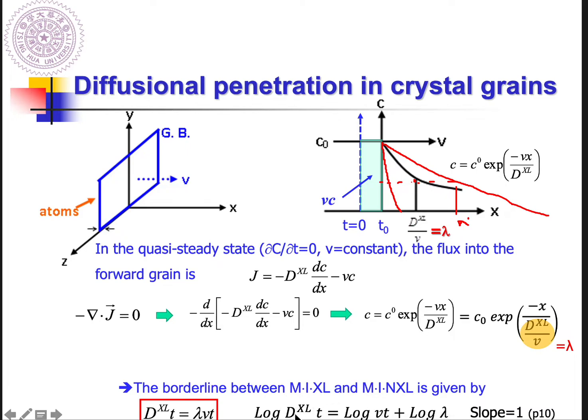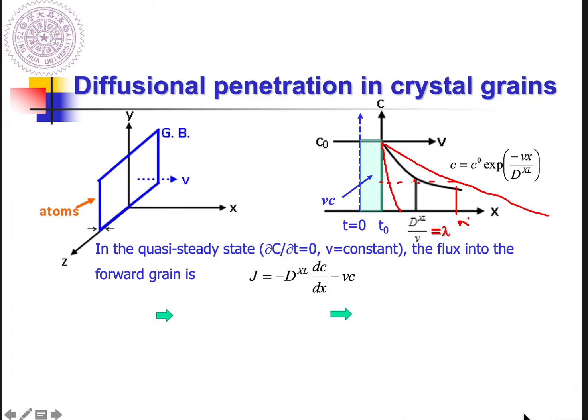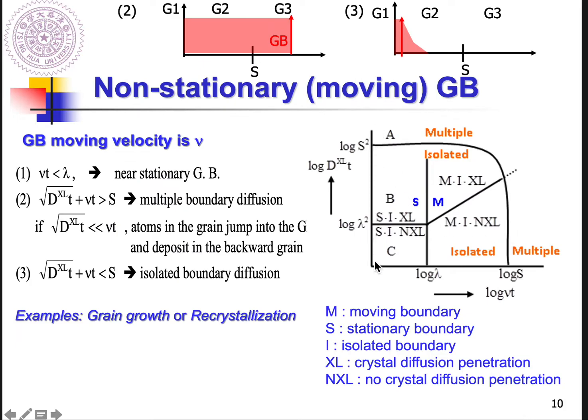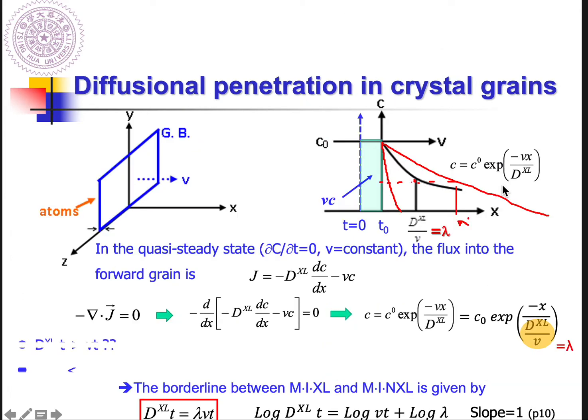If you consider this as the vertical axis and this as the horizontal axis, then the slope becomes 1. This is log of the diffusion distance, this is log Vt, the slope equals 1, okay? And as we mentioned, now you have the borderline. So if the diffusion distance is larger than Vt, the moving distance of the boundary.